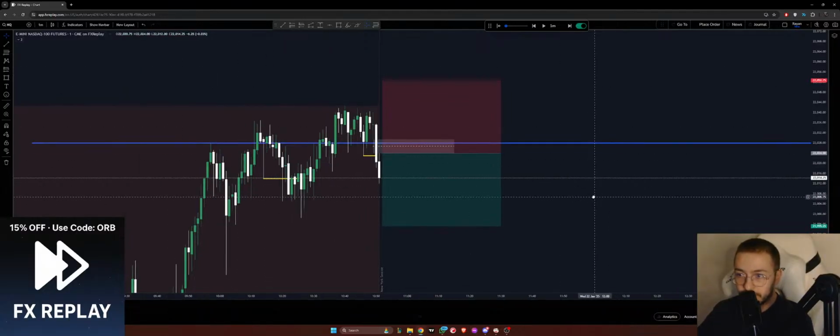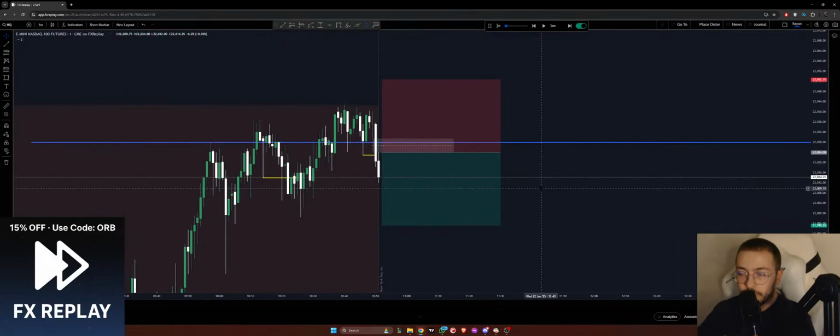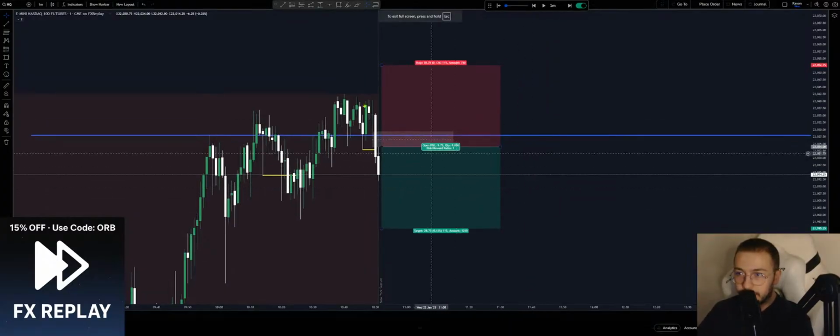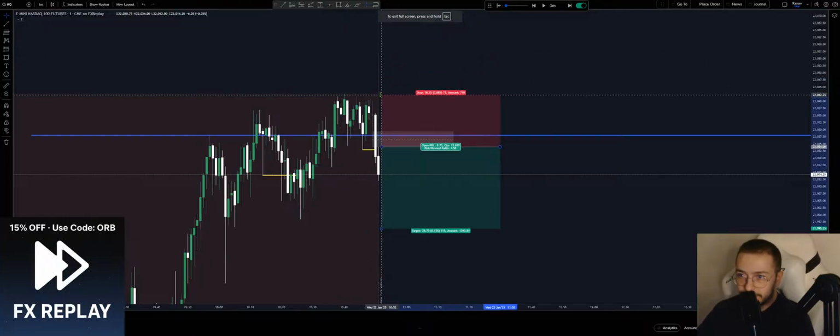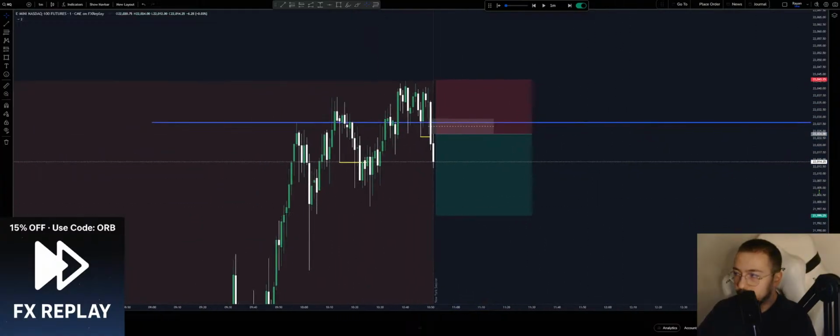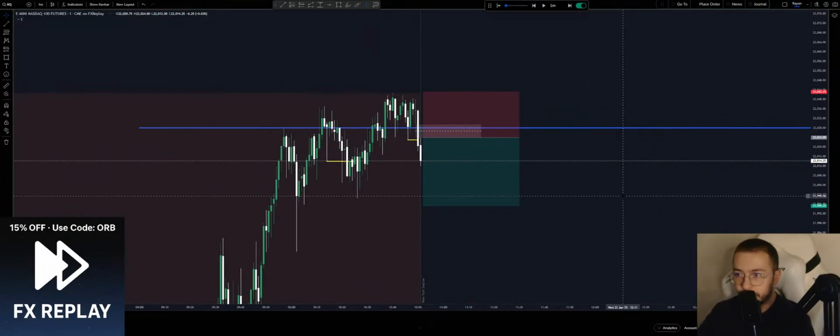We have contracts. So if you want to risk $100, NQ is very highly volatile. It's impossible to risk exactly 100. It will be 120, 130, something in between. But because this is backtesting, you can be accurate with it. So the backtesting just gives you like 80% of how the real environment looks like.